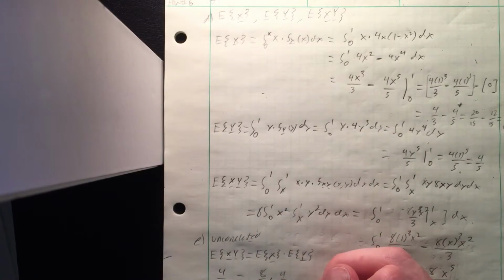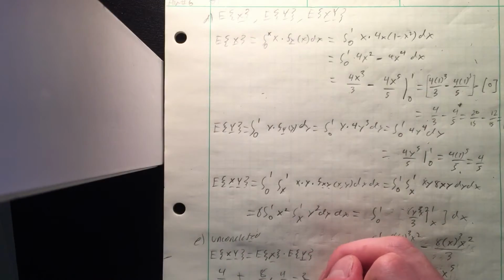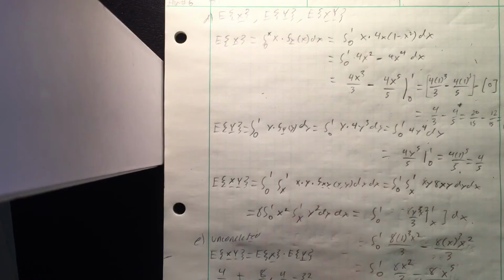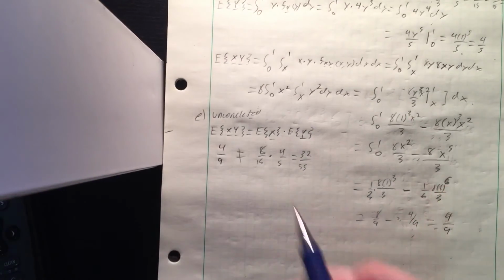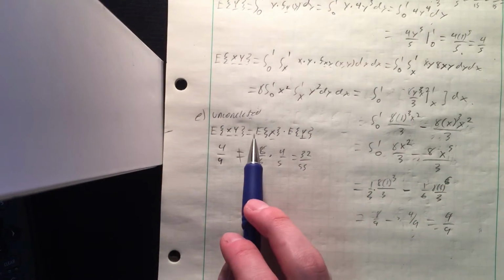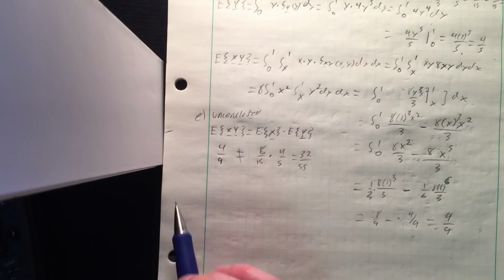Well, no. That is 8 over 15 multiplied by 4 over 5 is 32 over 75. Not going to be the answer there. Make sure you can see that uncorrelated. It would be correlated if these were equal, but that is not the case.